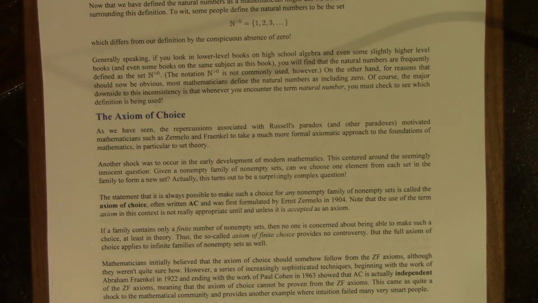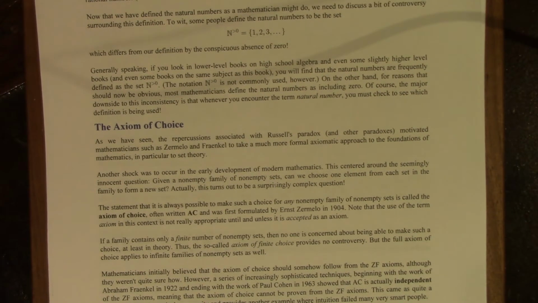And this centered around the seemingly innocent question, given a non-empty family of non-empty sets, a bunch of non-empty sets, can we choose one element from each set in the family to form a new set? I didn't say one distinct element. If the sets overlap, you can pick an element from their intersection.